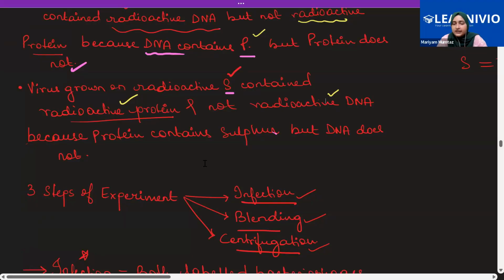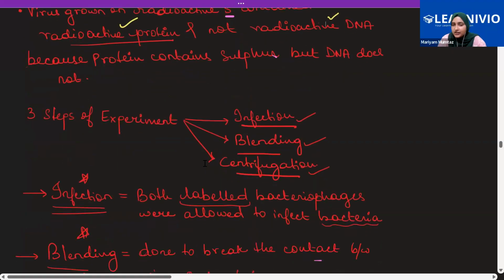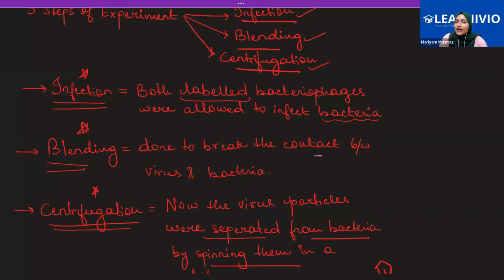Yes. Now, see, during this whole procedure, they took three steps in the experiment: infection, blending, and centrifugation. They took these radioactively labeled viruses, one with phosphorus and the other with sulfur, and allowed them to infect the bacteria. This was the infection step. Then the contact between them was broken.